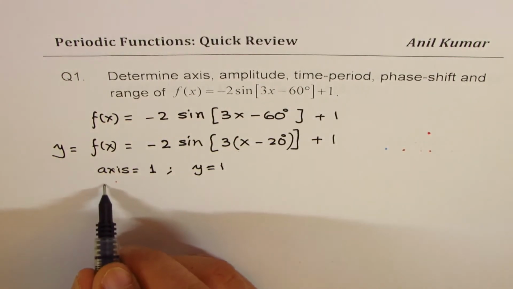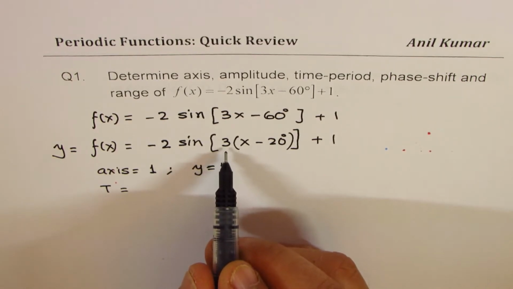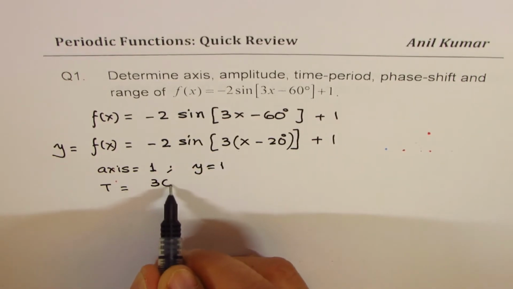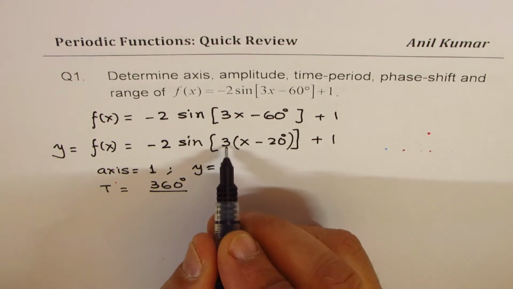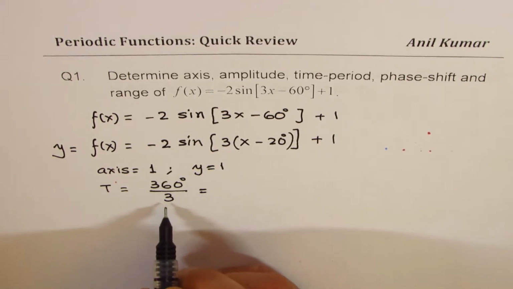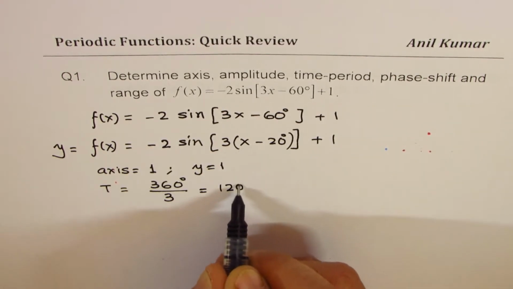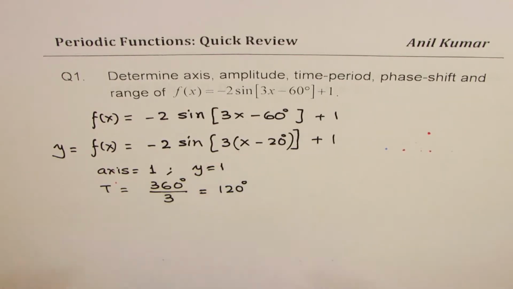Time period T can be found from this number 3. If you're doing in degrees, 360 divided by the k value, which is 3 here, gives you the time period. So it gives you 120 degrees.